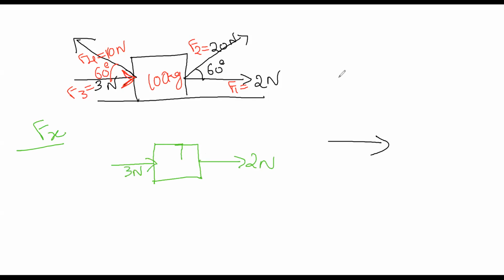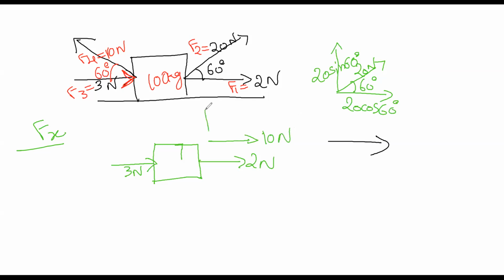Now divide this 20 Newton into components. 20 cos 60, because it is just adjacent to it, right? Opposite 20 sin 60, correct? So 20 cos 60 is in this direction, right? What is 20 cos 60? 10. So upwards we have 20 sin 60, that is 10 root 3. So 20 Newton force is divided into components.